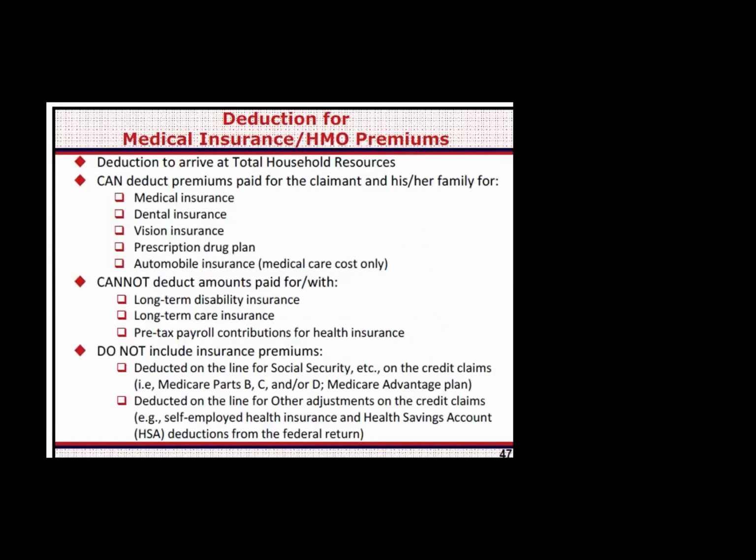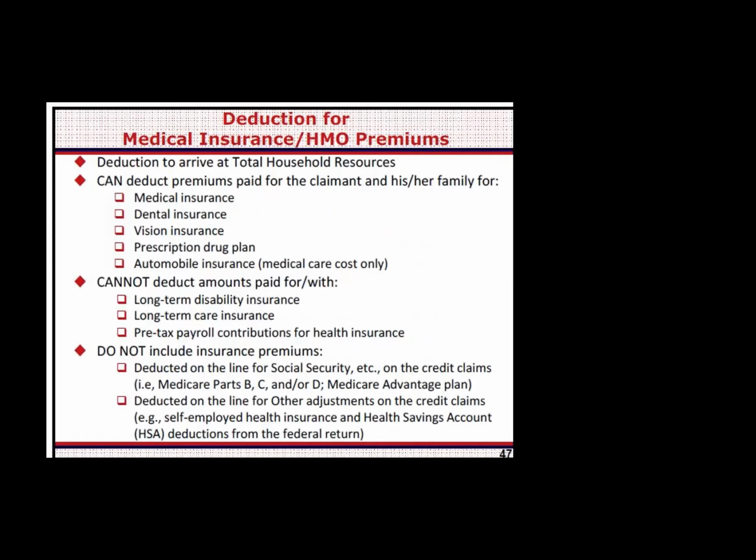Now, I showed you where medical insurance premiums go in and what counts there. Well, certainly medical insurance payments, dental insurance, vision insurance, a prescription drug plan. A lot of our seniors have these things. And automobile insurance. And if they don't have their automobile policy, we assume $130 per insured vehicle.